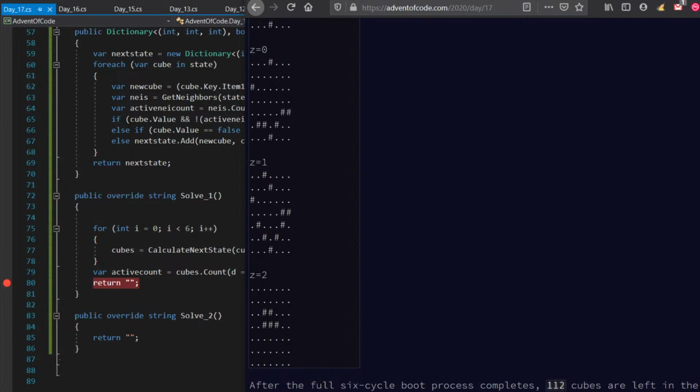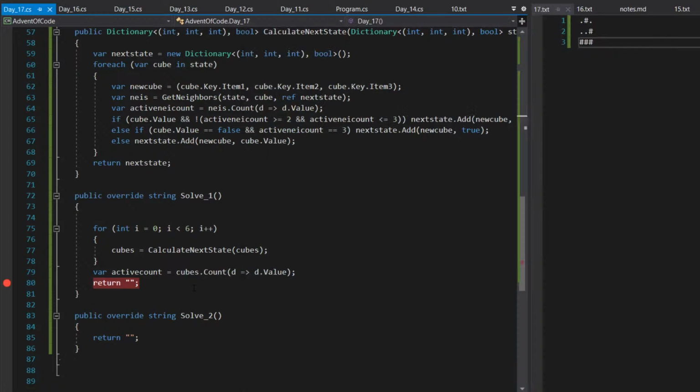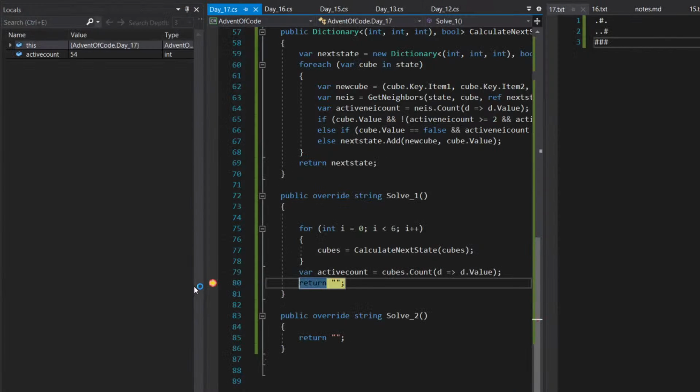After the full 6 cycles, 112 cubes are left in the active state, but I have 54.